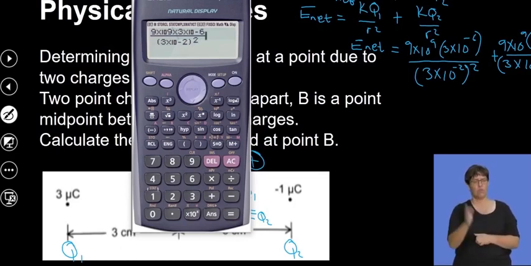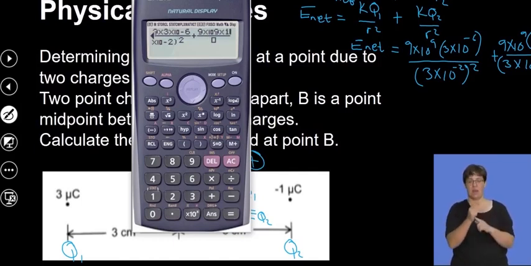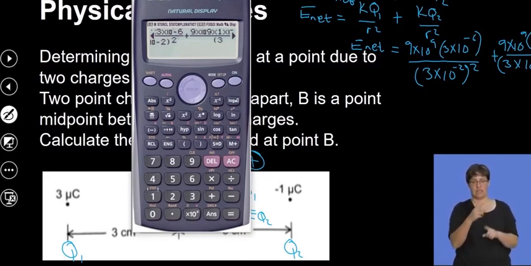But we know that it's the sum because they're in the same direction. We put another fraction, 9 exponent 9 multiplied by 1 times 10 exponent negative 6, and then we square the distance, the same distance, because we're told that they are equidistant, which is 3 times 10 exponent negative 2.